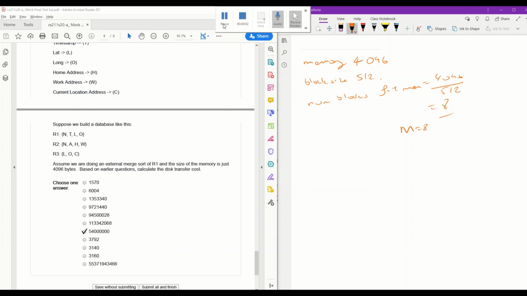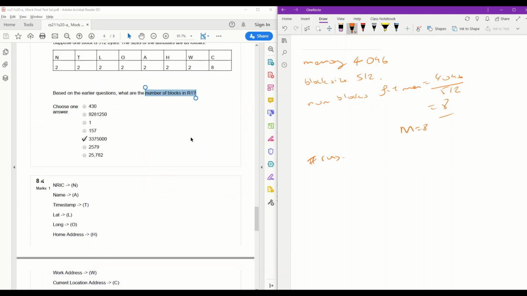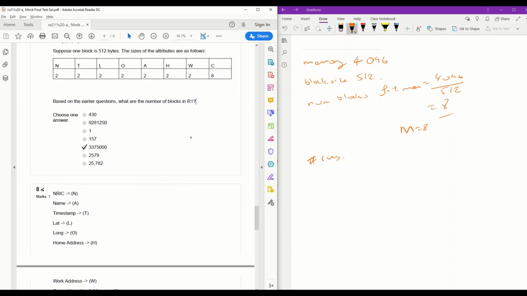So what you want to do right now is find out the number of runs of this external merge sort. We first look at the number of blocks that we have. The number of blocks of R1 is 3,375,000, and the number of runs will be equal to the number of blocks divided by the number of blocks that can fit into memory, which is 8, and we take the upper bound of this.